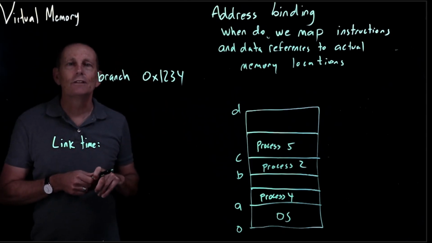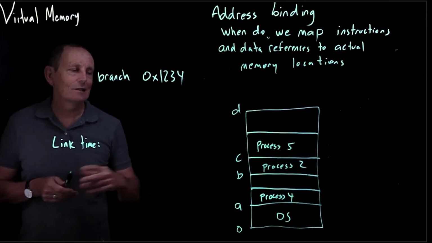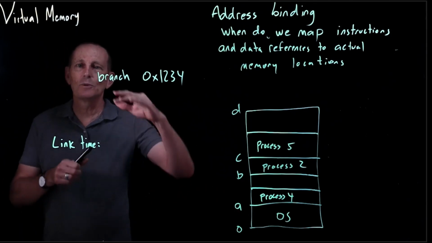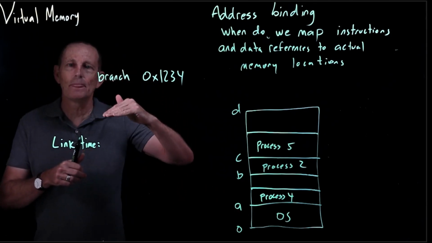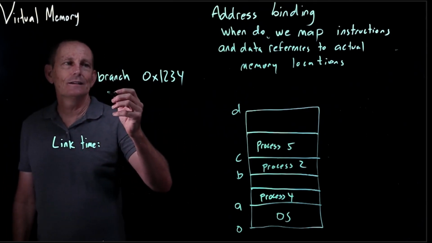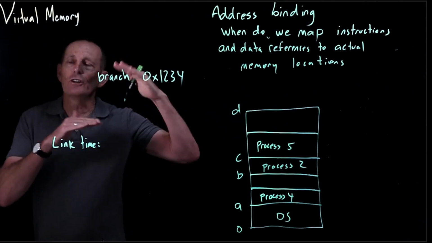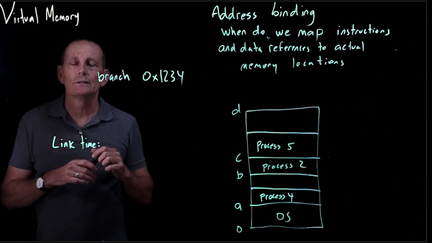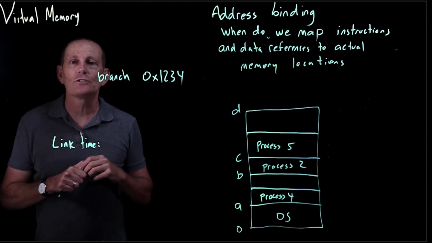So if it figures it's going to be loaded at location A, let's say, then it can put the first piece of code starting at A and adjust all the branches appropriately, and also adjust all data references as well.